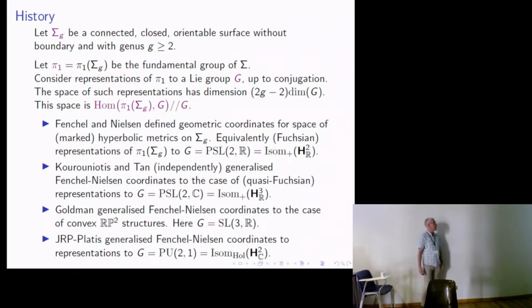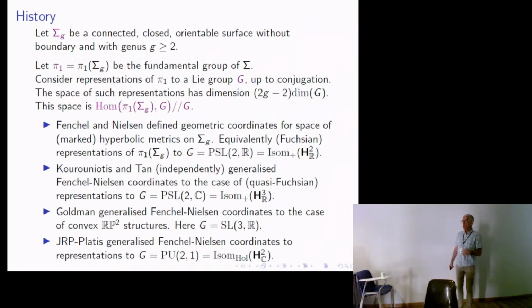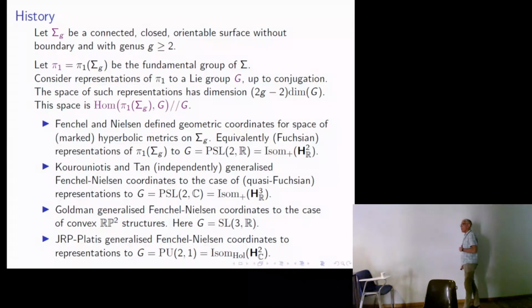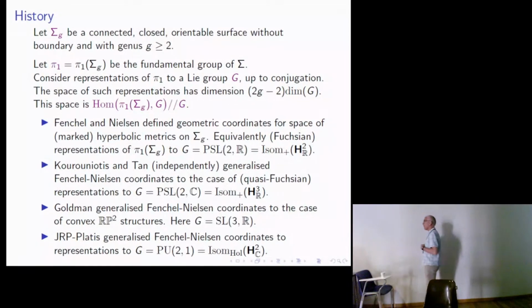For some of the talk, we want to think about representations of that fundamental group into a Lie group, often one of our favourite groups of isometries of some geometrical space. Technically, this is Hom(pi_1(Sigma_g), G), and then we quotient out by conjugation.